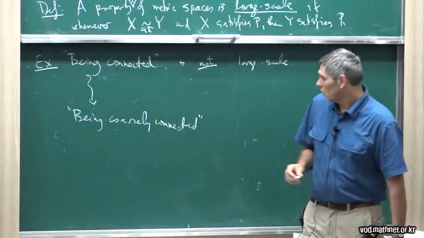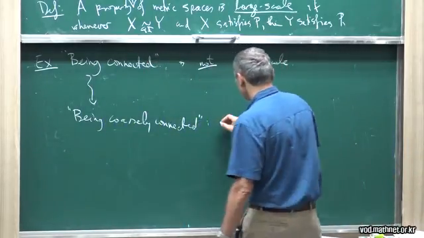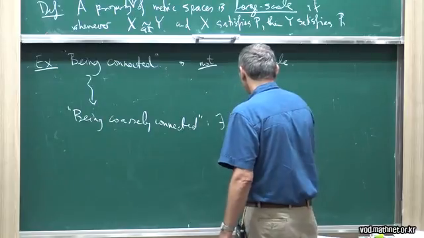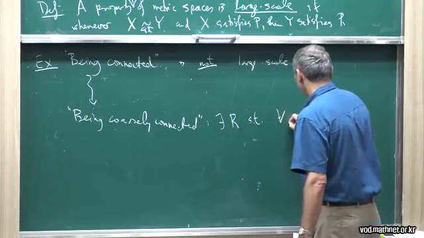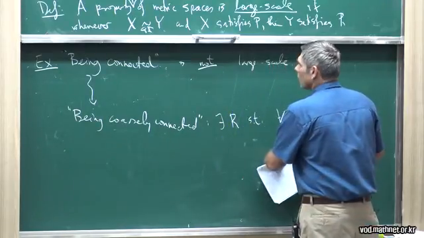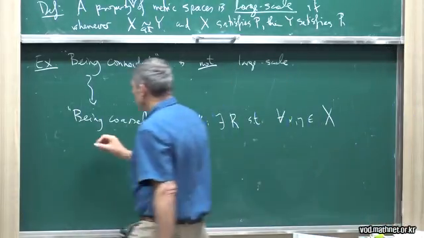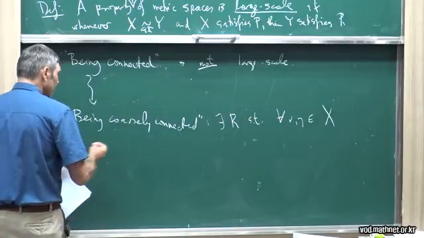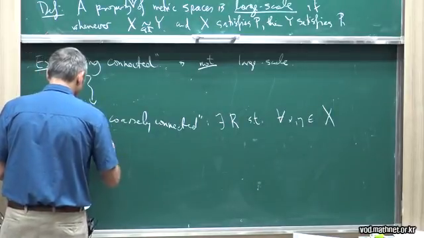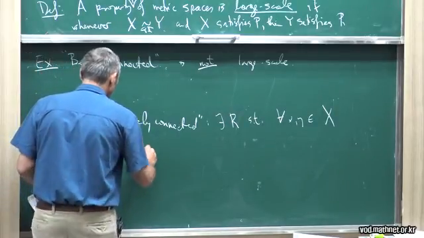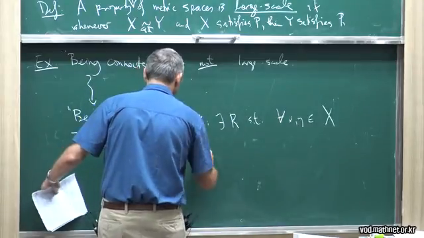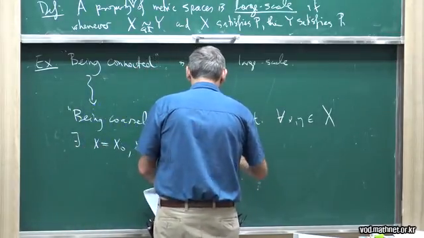And how does that work? Well, I just have to know that there exists some r, so that for any 2 points in the space, say x and y, where X is my space, there exists a discrete path, a sequence x equals x0, x1, x2, and so on. You think of that as being a discrete path between x and y.